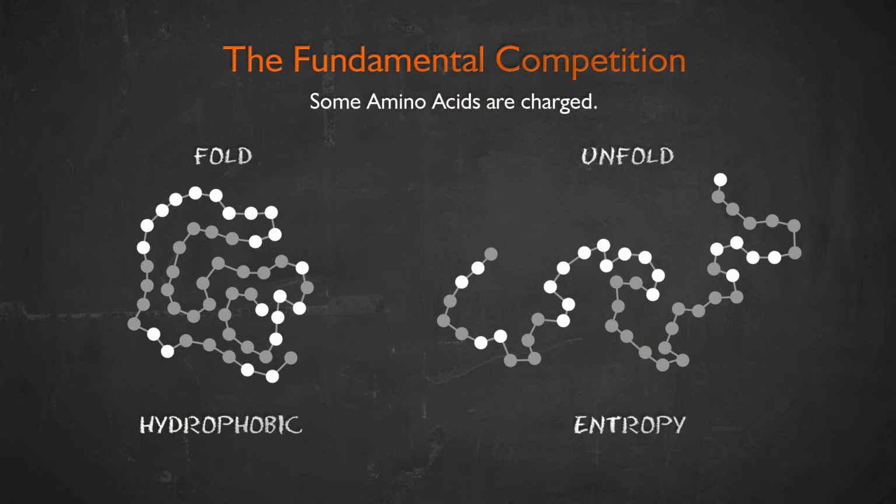So with this as context, this picture right here is a toy model of a protein chain. This protein chain has on it black dots and white dots. And for the sake of argument, let's say that the black dots are hydrophobic. So these are amino acids which don't like water, whereas the white dots are amino acids that do like water. So if I show you this string, then the question is, what's going to happen to the string?